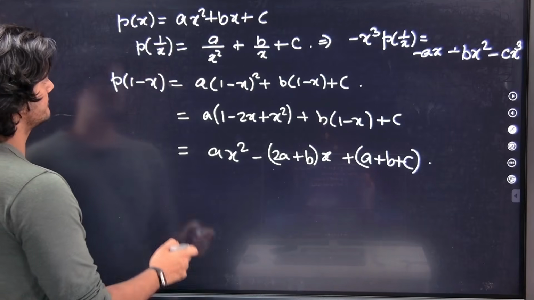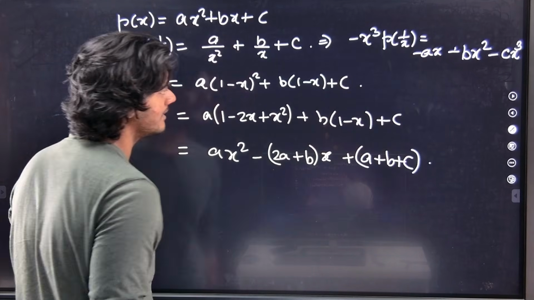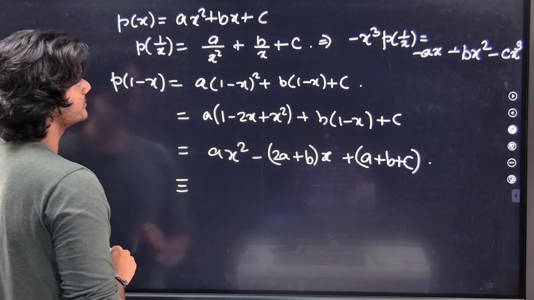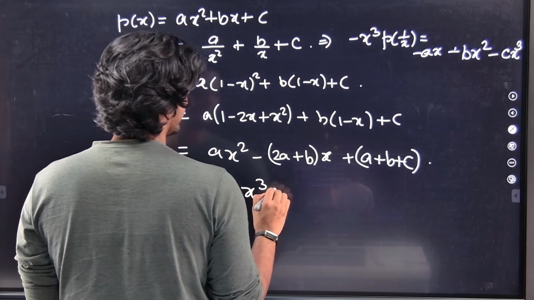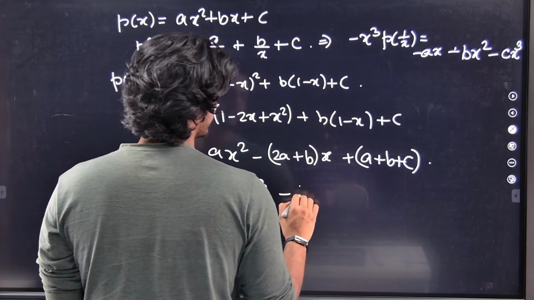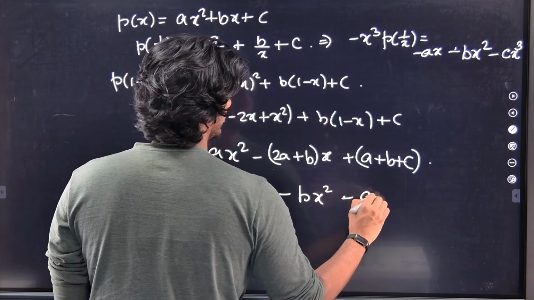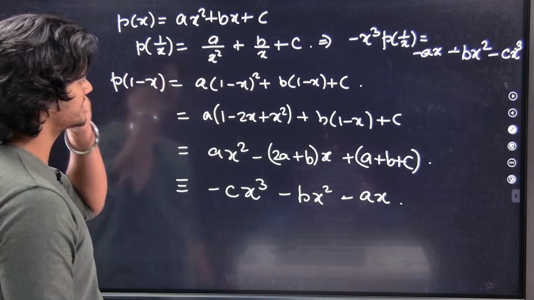So this is P of 1 minus x, and this is this. So these two have to be equal. So you see that this has to be equal to minus cx cube minus bx square minus ax. Right? So how is that possible?